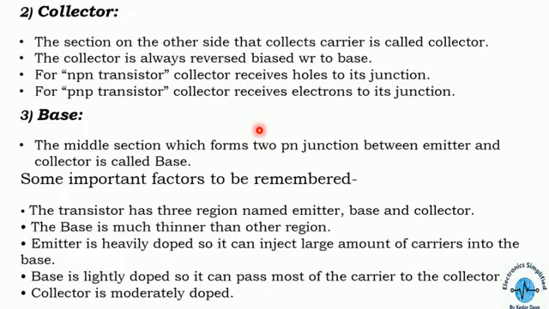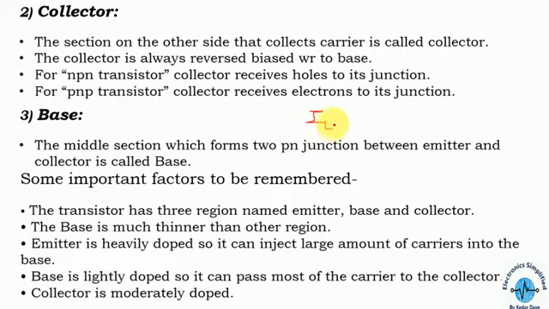We can say this is collector, base. Something we have not discussed is that the emitter is heavily doped, so it can inject a large amount of carriers into the base.